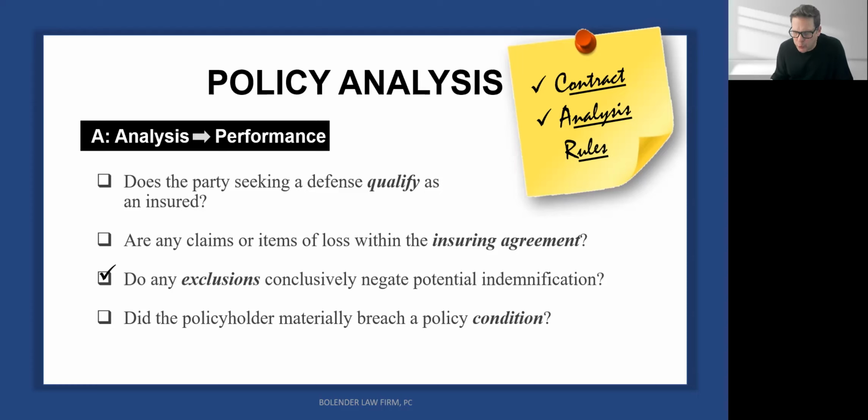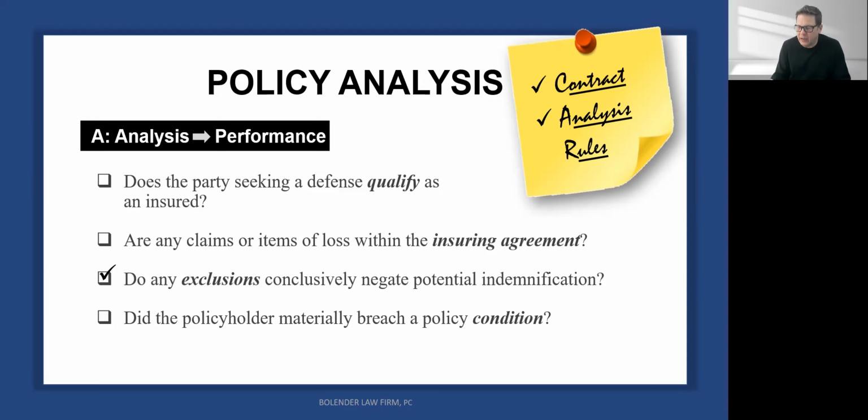The first issue group deals with policy provisions that describe who qualifies as an insured. Now, only those who qualify as an insured are entitled to policy benefits such as a legal defense. If the person seeking the defense qualifies as an insured, the coverage analysis naturally proceeds to the second major issue group, and that's the insurance agreement.